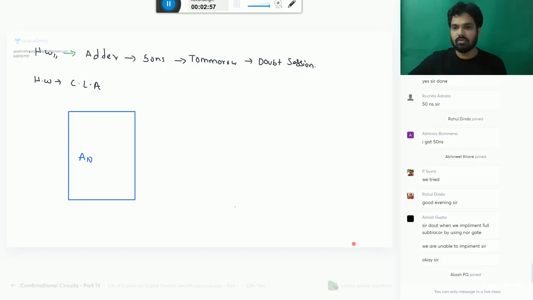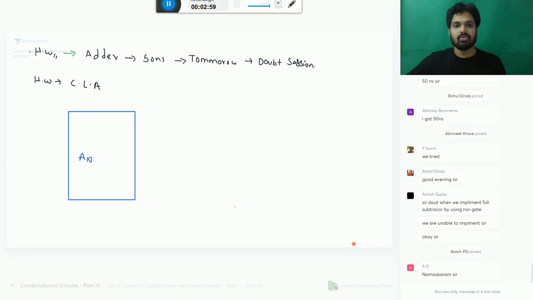Yeah, fine. So yesterday I gave this homework. This is a carry generator circuit. Here we have used one XOR gate and AND gate. I hope you remember yesterday's class.